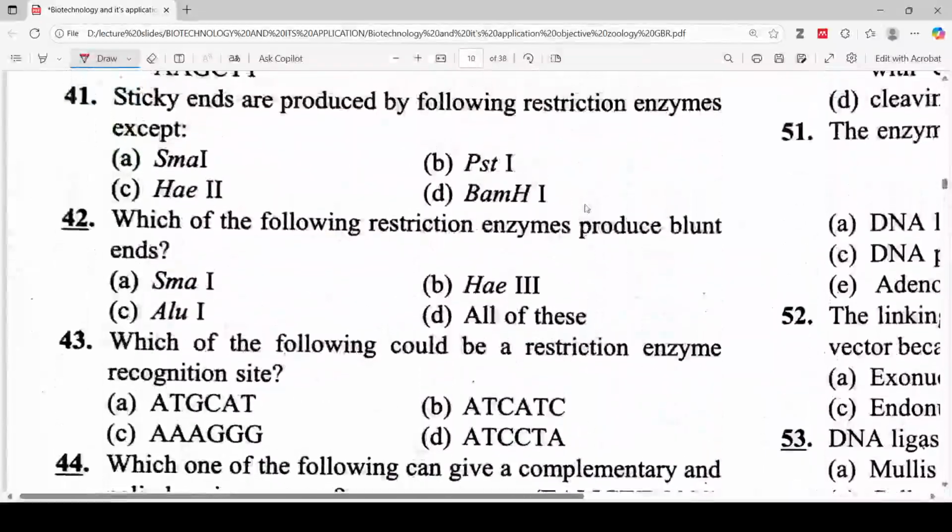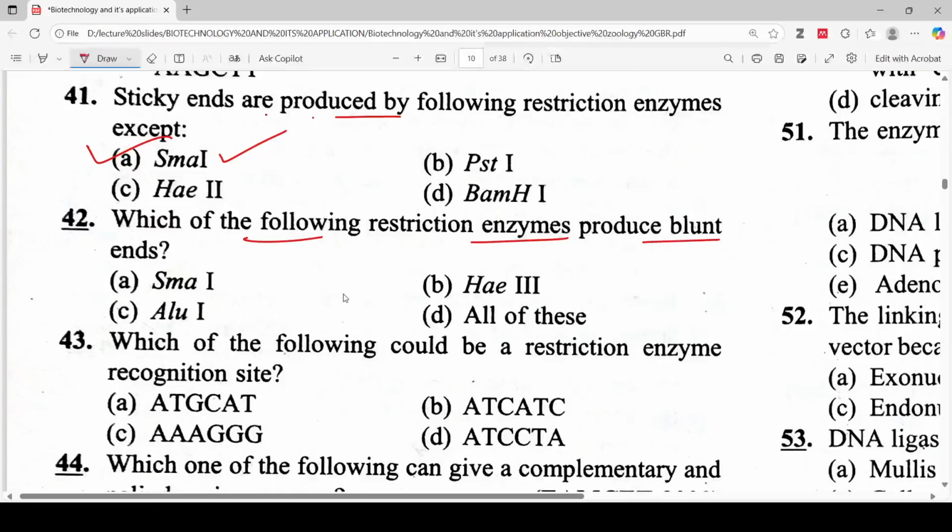Next question, sticky ends are produced by the following restriction enzymes except. So the correct answer is option A. Next question, which of the following restriction enzymes produce blunt ends?